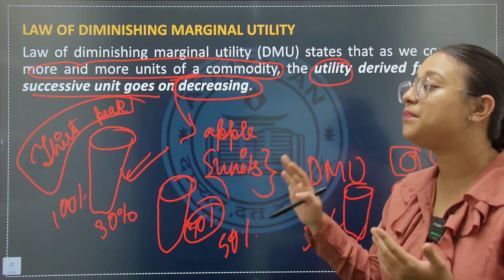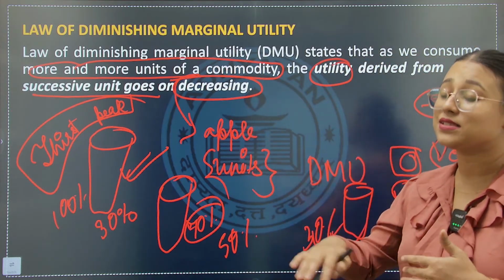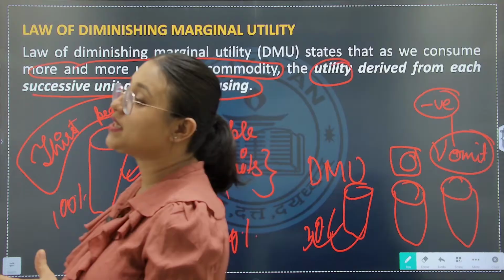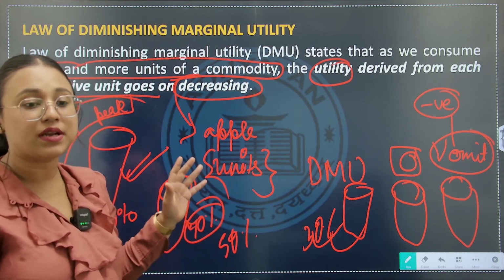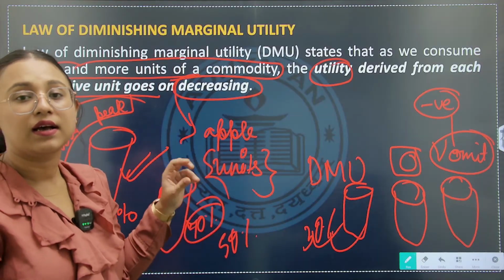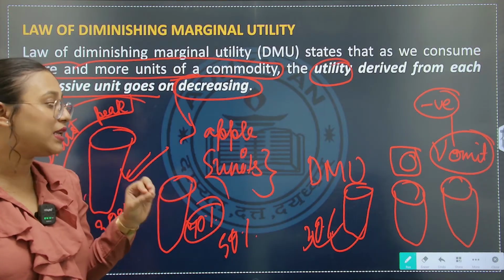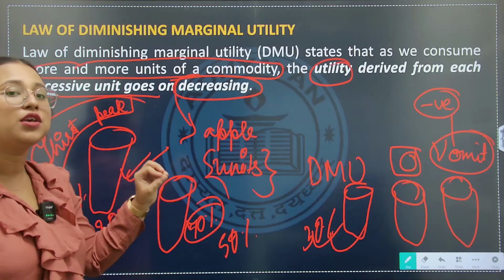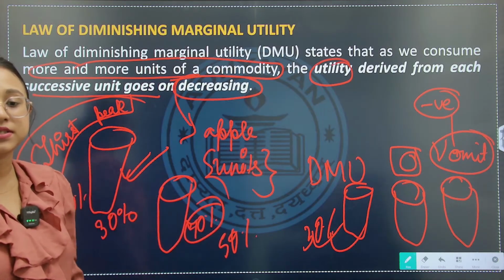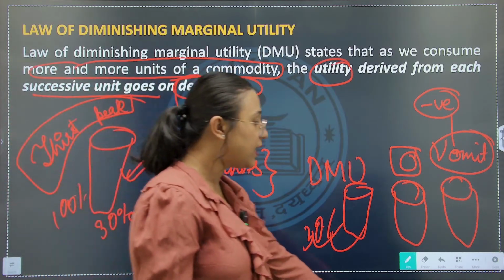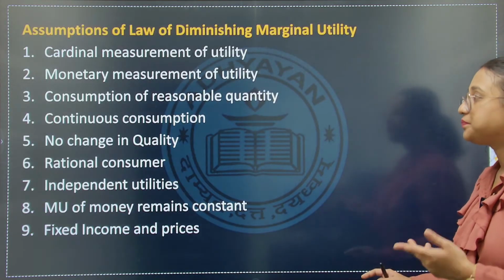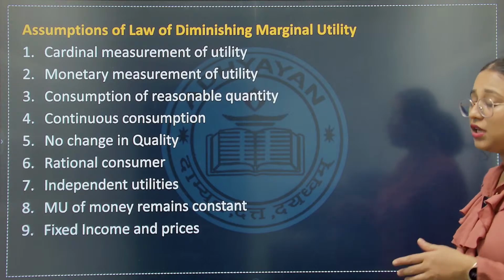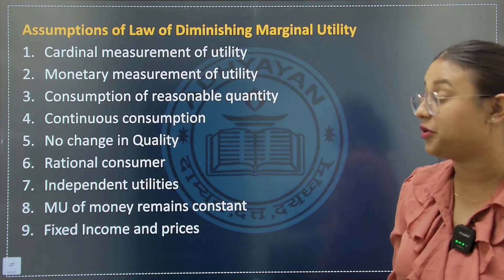So this is what the law of DMU explains, and I hope the law can be best explained through this example. If you remember this example, at no point of time will you be able to forget this concept or law. Let us understand certain assumptions under which the law of DMU operates.